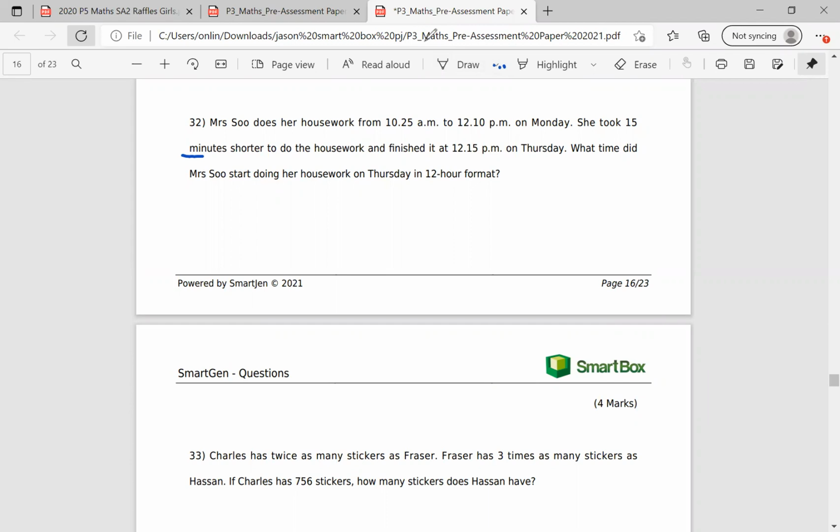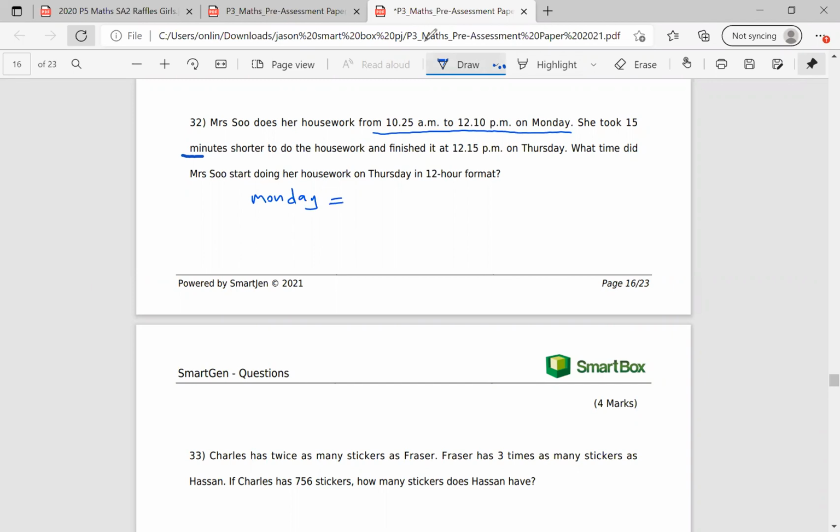Okay, so what we need to do here is start by finding the first sentence first. With the first sentence, what they give us is Monday, how much time she spent on doing her housework. So I need to find the actual amount of time she spent on Monday.